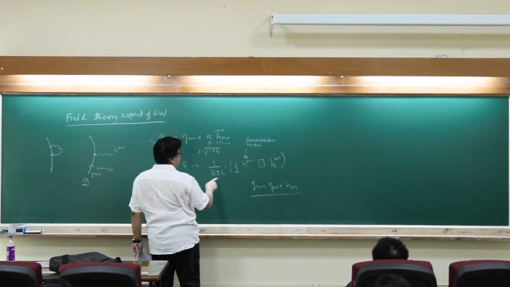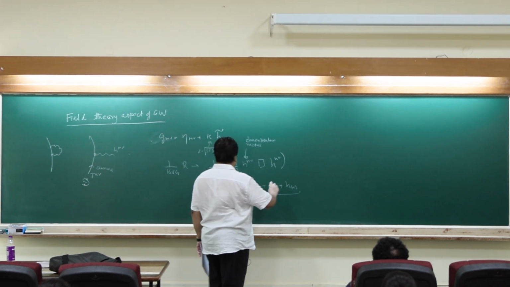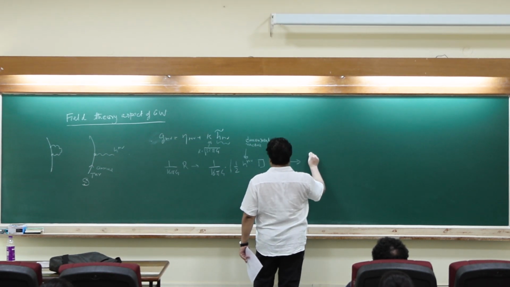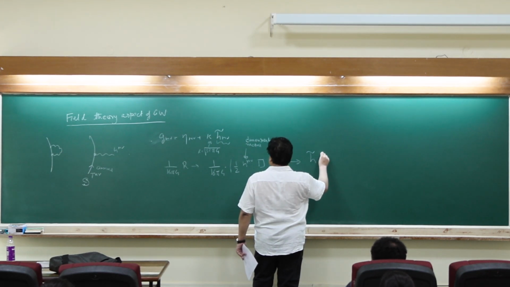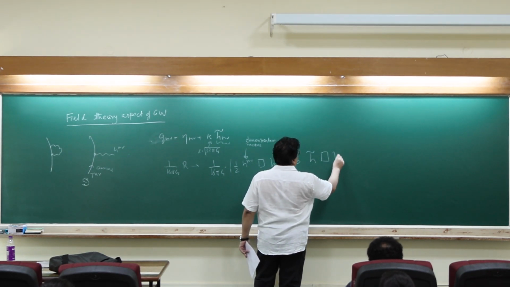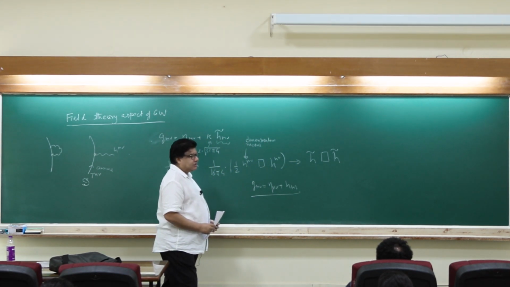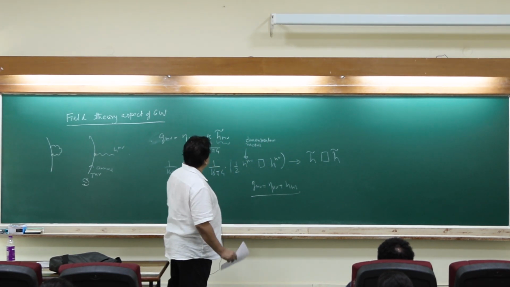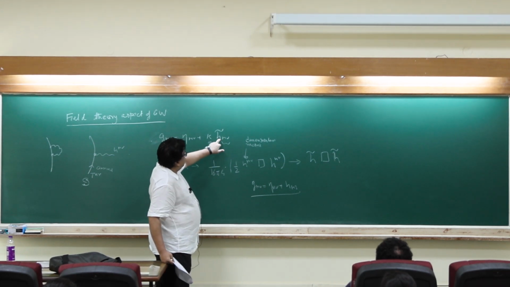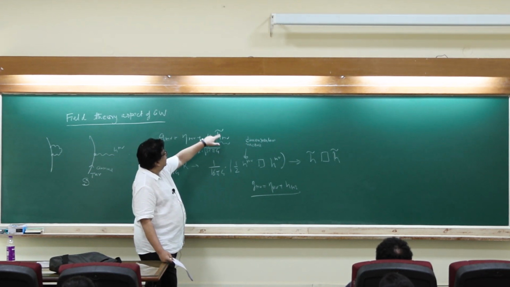So if you make this, this will go to H tilde box H tilde. We will do the calculations with this H tilde. Normally I will not keep writing tilde.